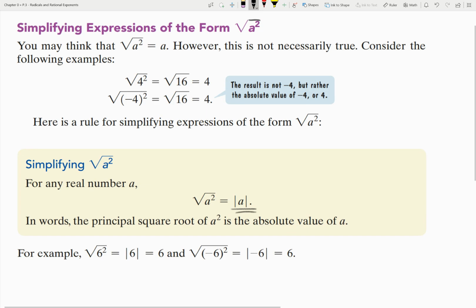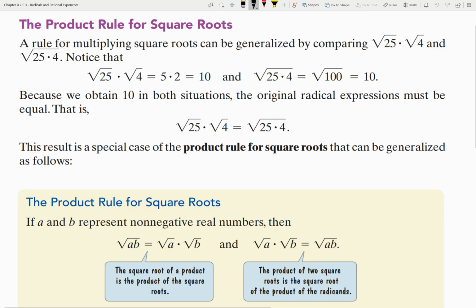And while it's easy to see with numbers, this can make a big difference in simplifying expressions with variables, and that could get a little tricky. However, we're not going to touch on that too much in this section, but we are going to use some of the properties to help simplify square roots.